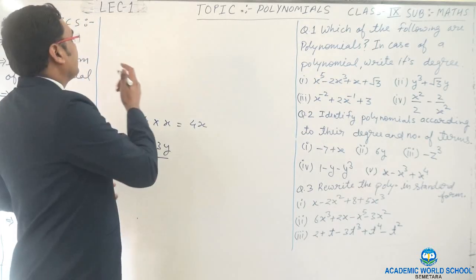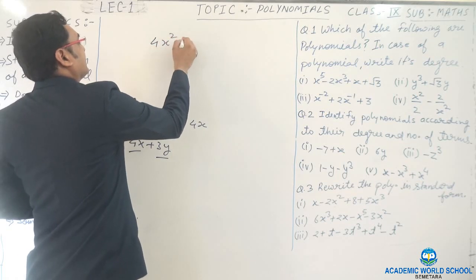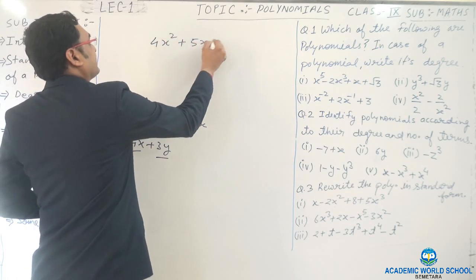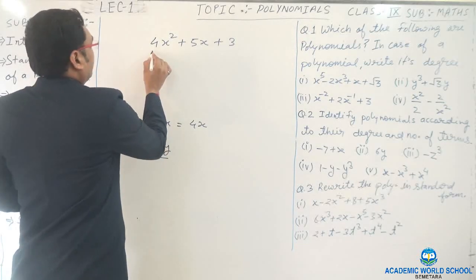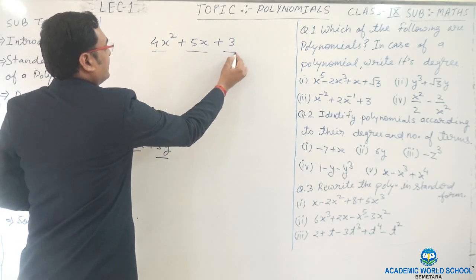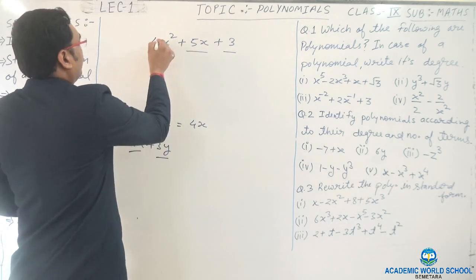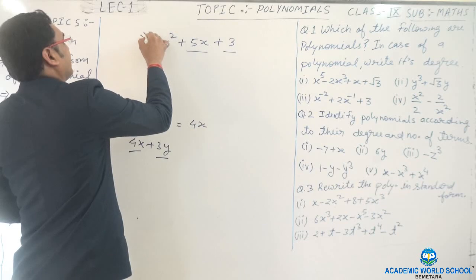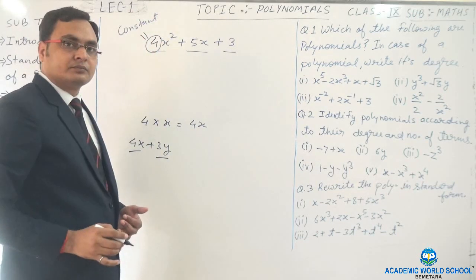We will understand here. Suppose this is a polynomial 4x square plus 5x plus 3. Look at this term. Here in this polynomial we have three terms. If we look at this term 4x square, this 4 is the constant part of this term.